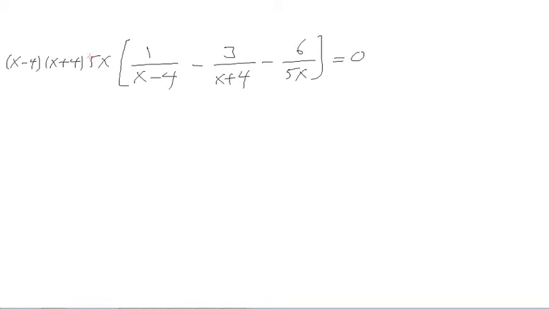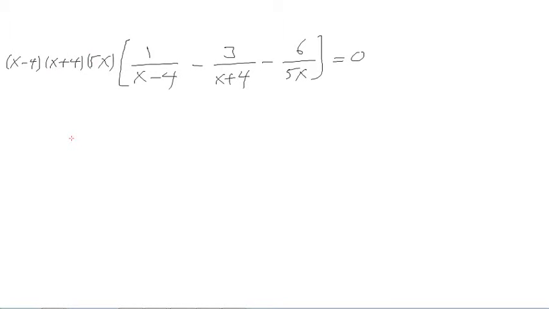But I don't need to multiply the other side because I already know the answer: 0 times whatever is 0. So my next step is to distribute this factor and simplify.